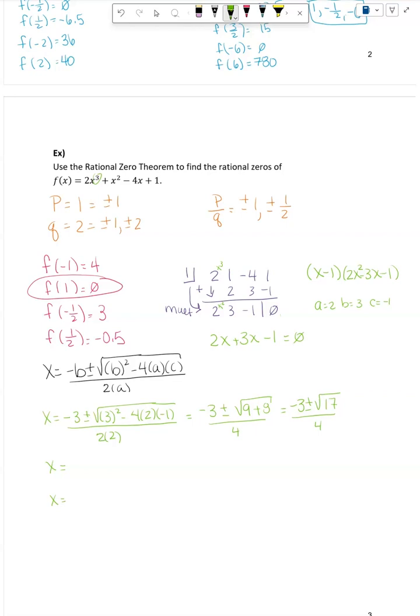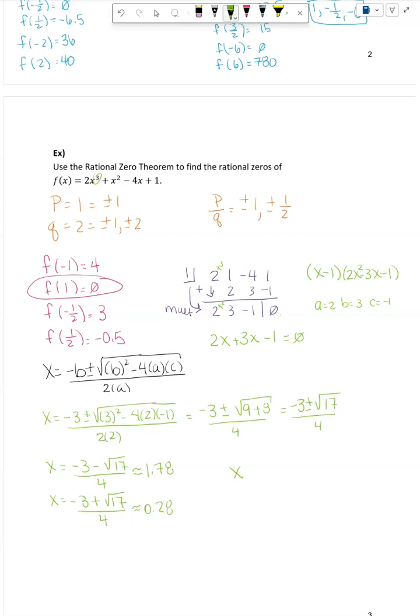Okay, so we can put this into our calculator and see that x is going to equal two different numbers. That is going to be -3 minus the square root of 17 divided by 4, which is approximately -1.78. And then it's also going to be -3 plus the square root of 17 divided by 4, which is approximately 0.28. So we have our x's.